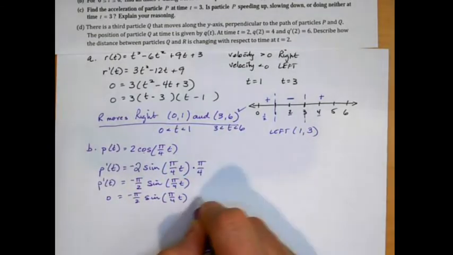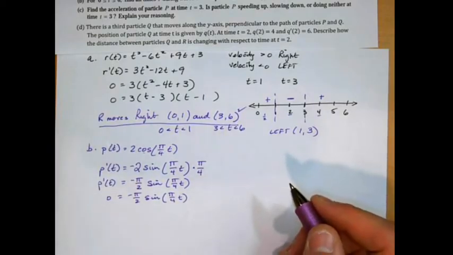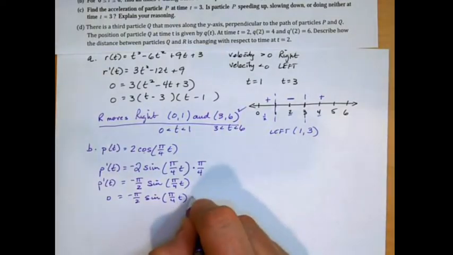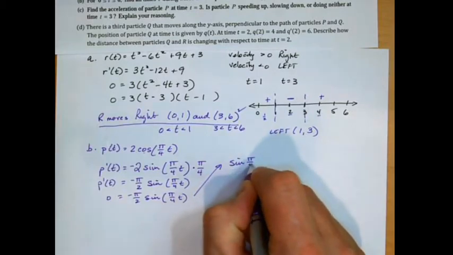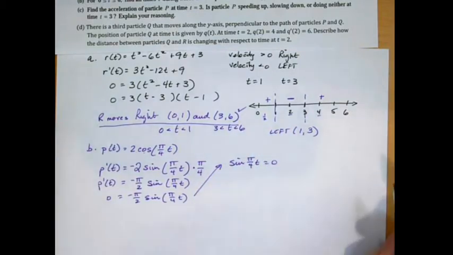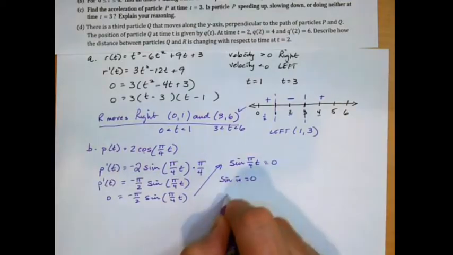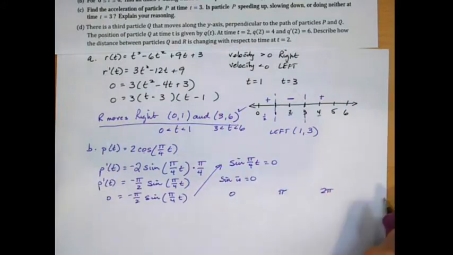And we get the sine of pi over 4t is equal to 0. Well, sine is equal to 0 at 0, at pi, and at 2 pi.